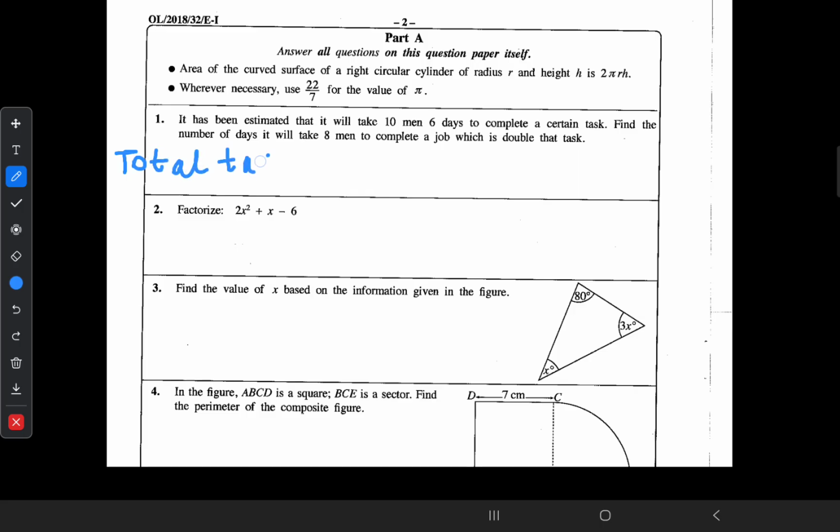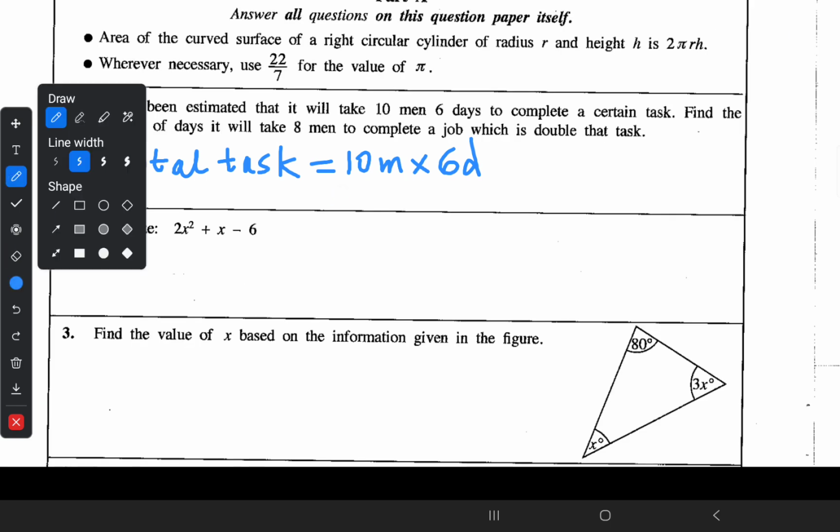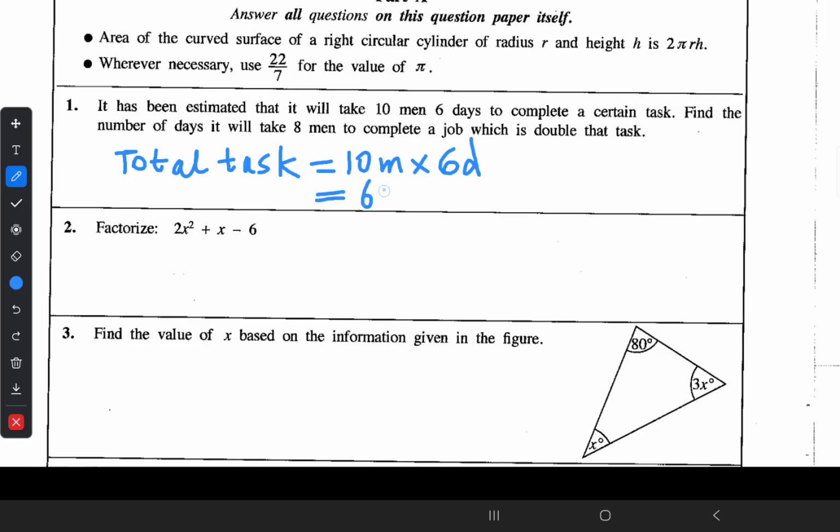You should multiply 10 men into 6 days. That will give you, sorry, not 120, it would be 60 man days.